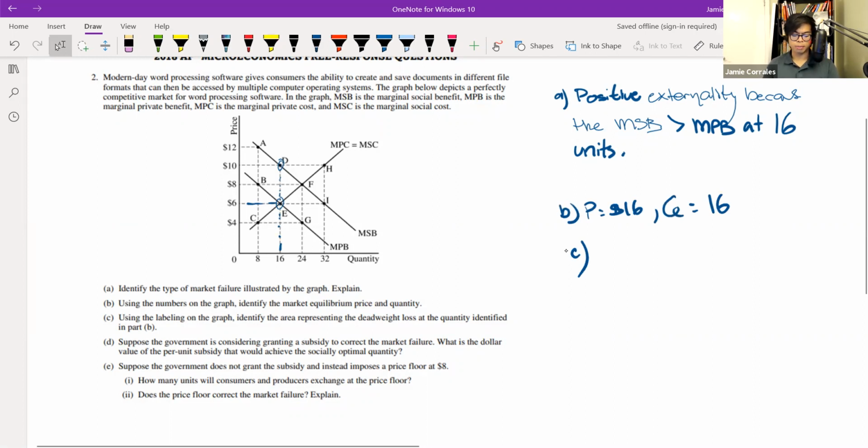C, using the labeling on the graph, identify the deadweight loss. So if this is the market equilibrium, if this at F is the socially optimal equilibrium, right, deadweight loss is going to be this triangle formed D, E, F. So I'm going to shade that in.